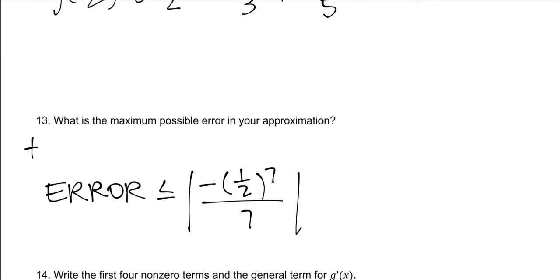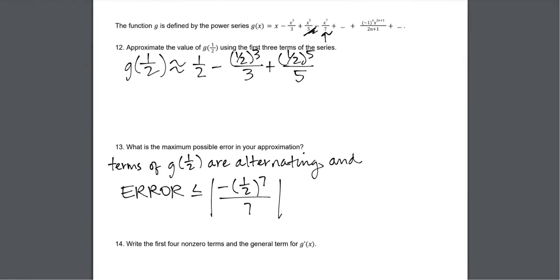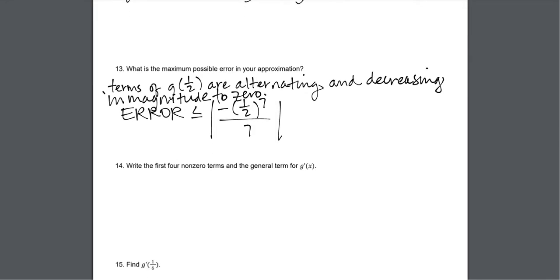So I'm going to say that the terms of g of 1/2 are alternating and decreasing in magnitude to 0. Okay, and that allows me to use the alternating series error bound like that.